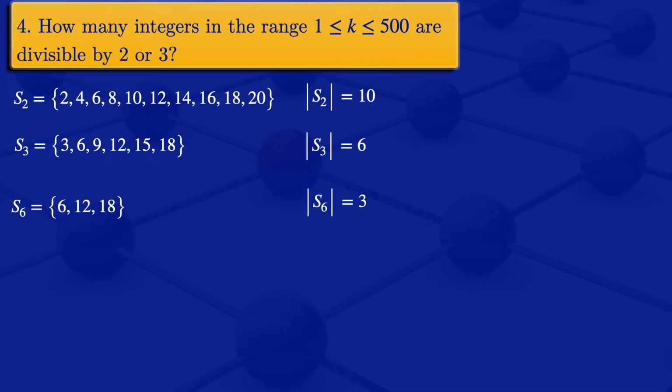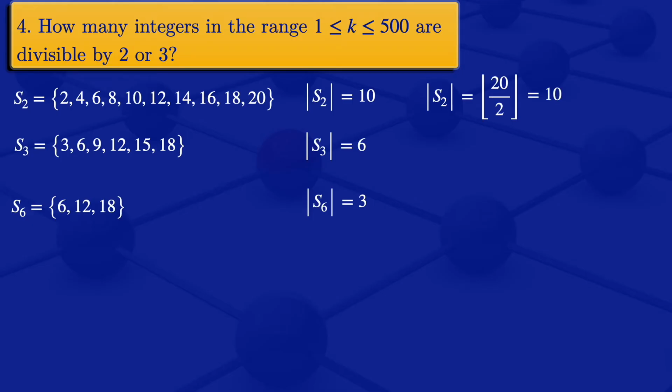When looking at integers that are divisible by 2 in the range 1 to 20, we look at the largest number in the given range, which was 20. We find the floor value of 20 divided by 2. So the cardinality of S2 is equal to the floor value of 20 divided by 2, which is 10.